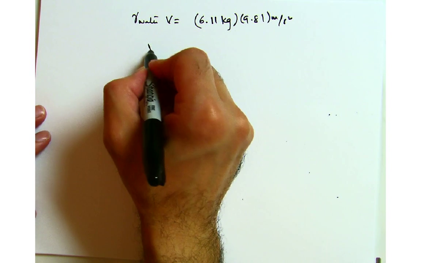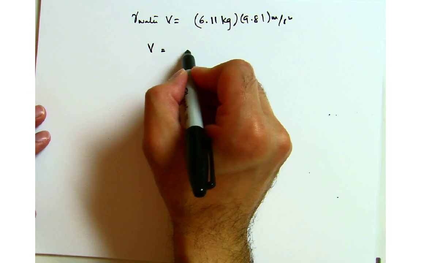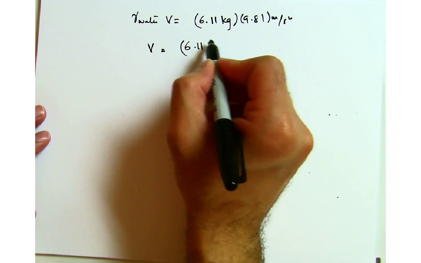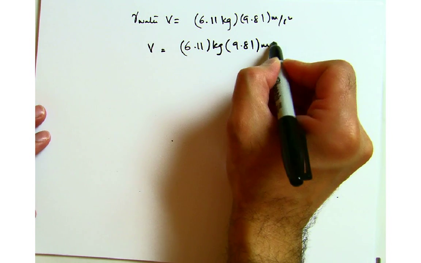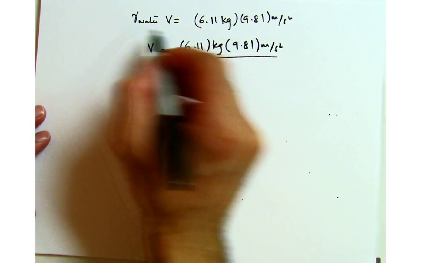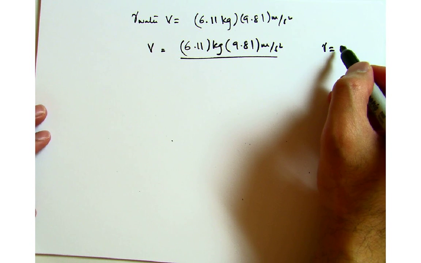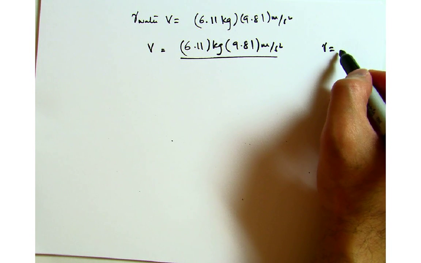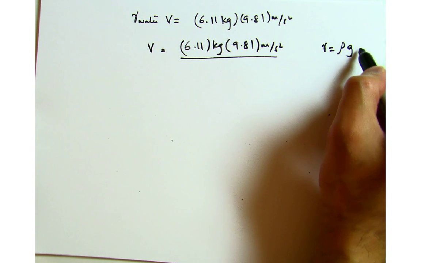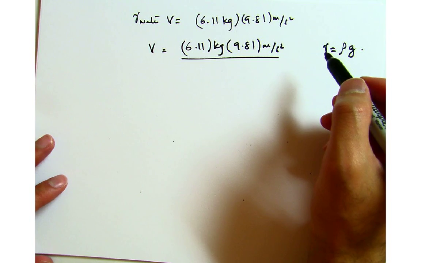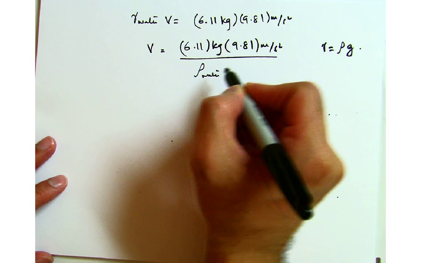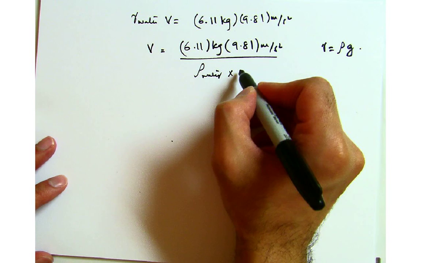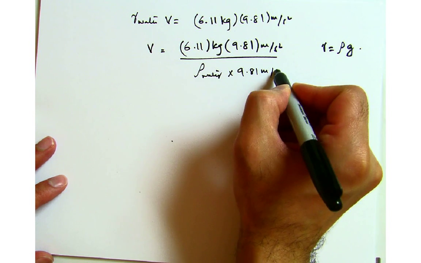Then I have the volume, which is equal to 6.11 kg times 9.81 meters per second square, divided by gamma, which we know is equal to rho times g. So I have rho of water times 9.81 meters per second square.